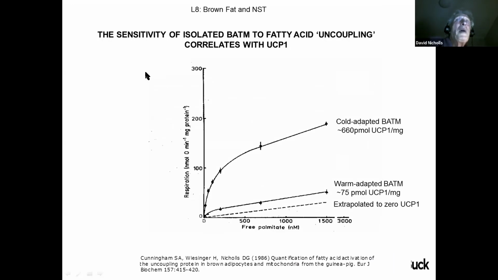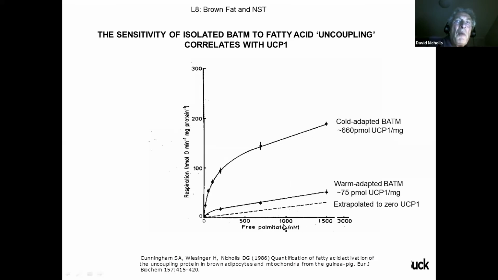So if we compare the ability of fatty acids to uncouple brown fat mitochondria in the presence of nucleotide, we see something very interesting. We can take the cold adapted mitochondria, which contain this much uncoupling protein, and the respiratory increase as a function of free palmitate looks something like this.